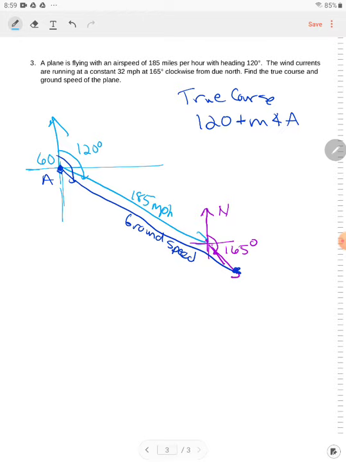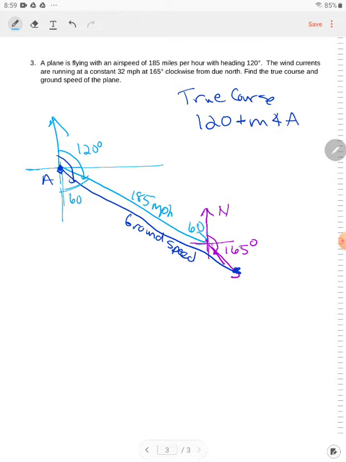So this 60 would be the angle here. So really the 60, let me redraw that. That is not quite so clear. So if this is 120, then this angle here would be 60. This angle here would be 60 by alternate interior angles.